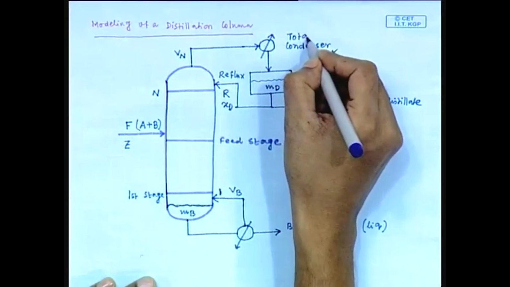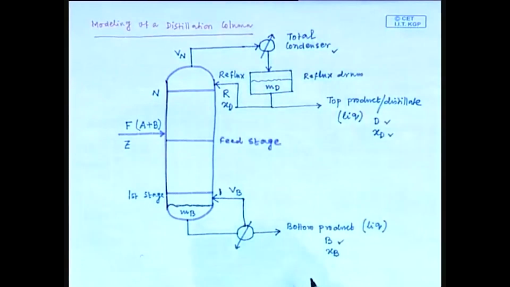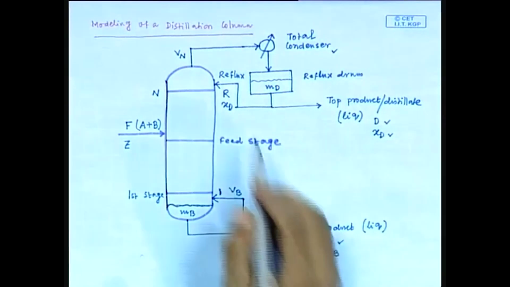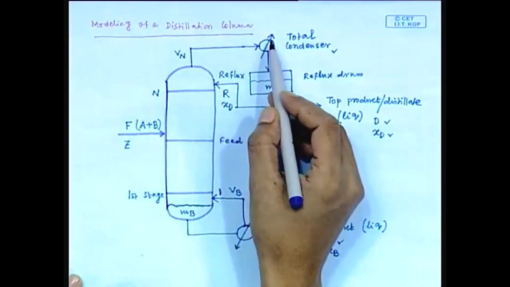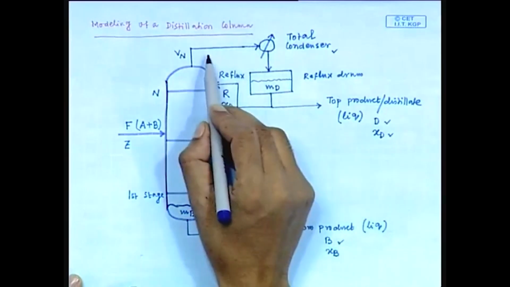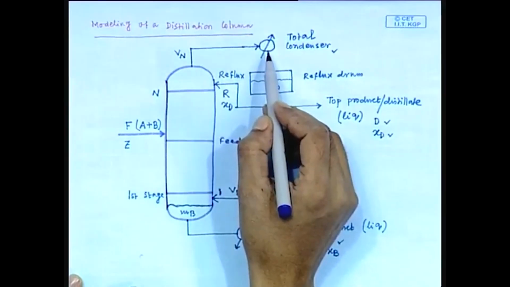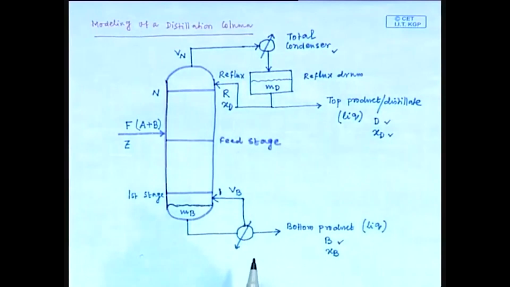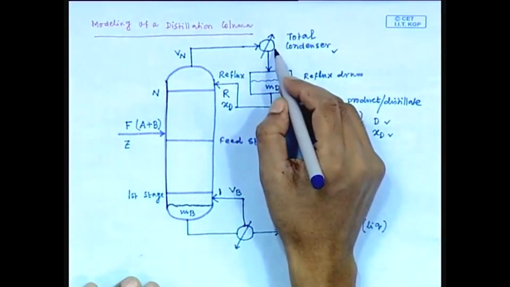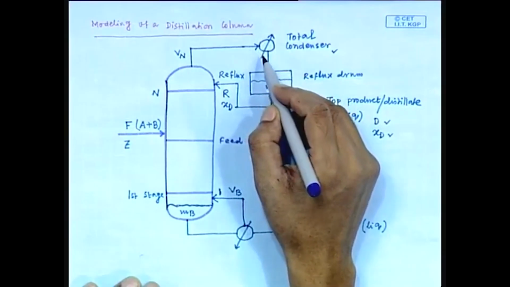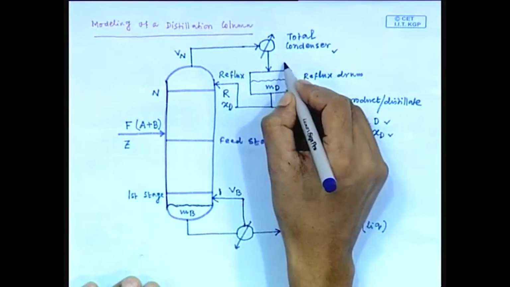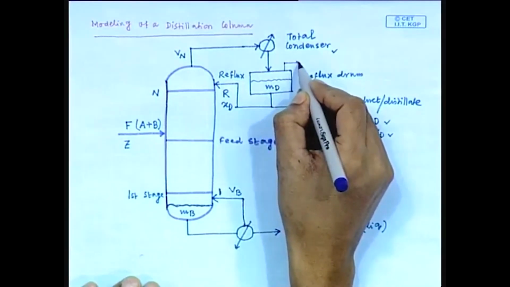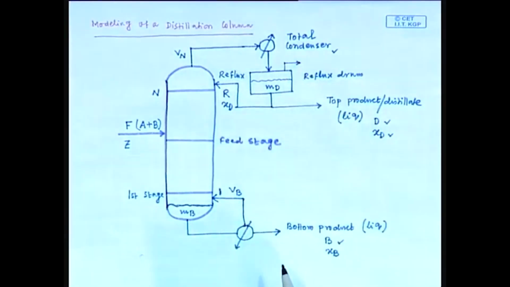Now, this condenser is basically a total condenser. The overhead condenser is actually a total condenser because the overhead vapor which is entering the condenser is totally condensed. We can call this condenser a partial condenser when there is an overhead vapor distillate involved.